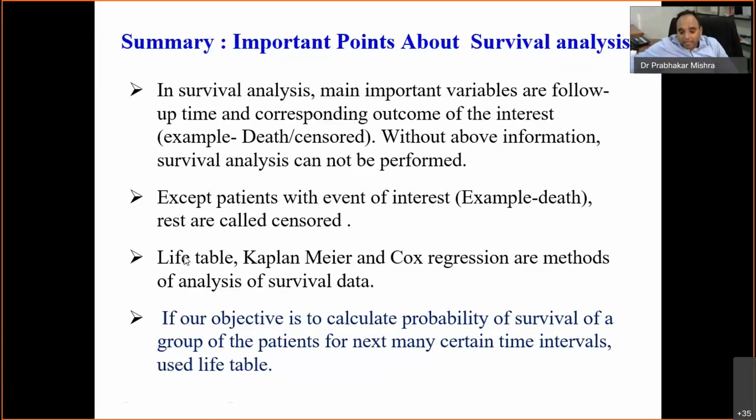If our objective is to calculate the probability of survival of a group of patients for certain time intervals, we use the life table. तो मतलब life table का application है, we have to calculate the survival probability of the patient for each of the intervals, and that interval is decided by us.